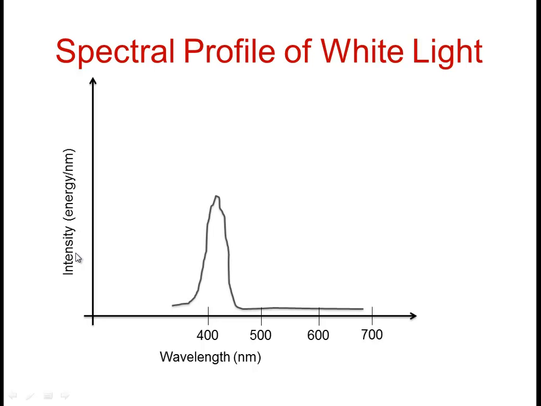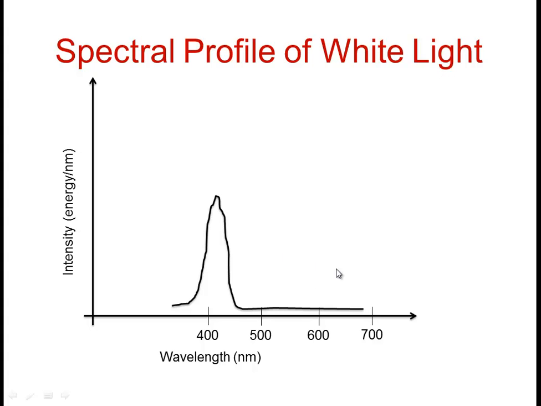Let's say there's some light source, and when we analyze the spectral profile of that light, it looks like this. You've got a big peak around 400, and then it's pretty much flat from around 450 on up.